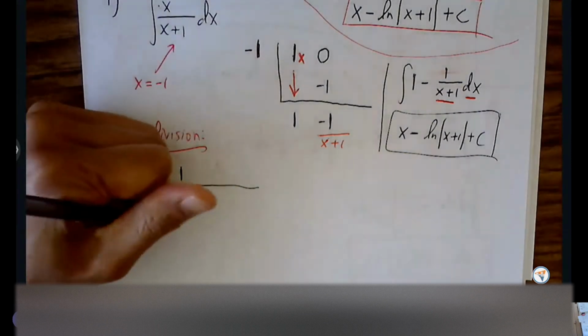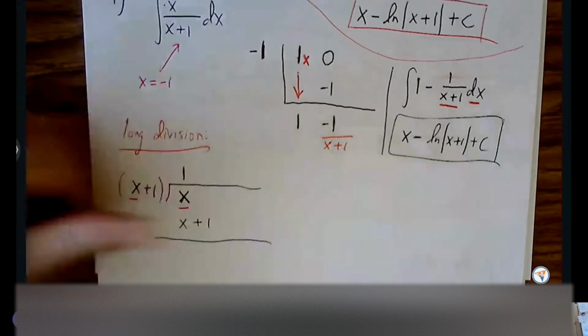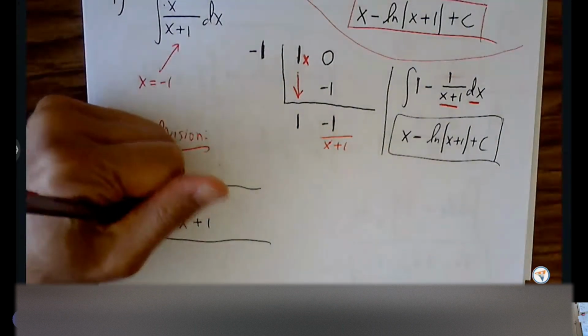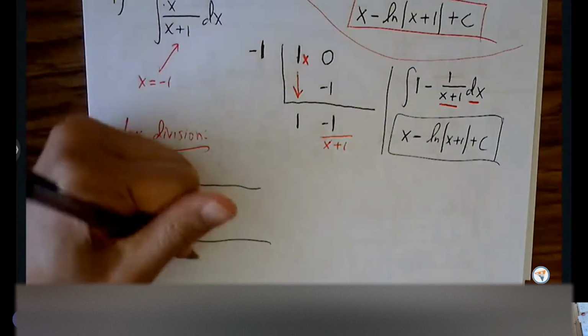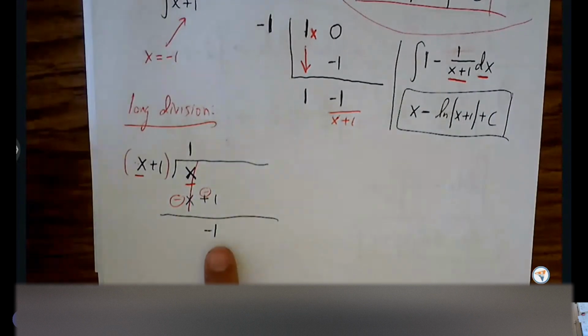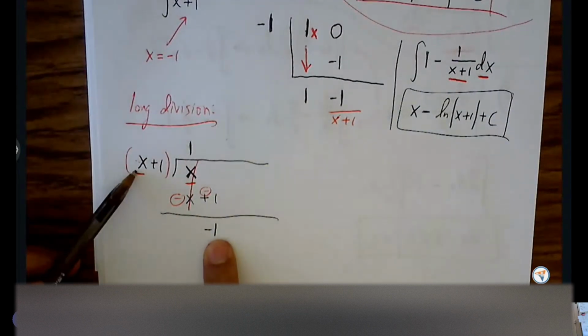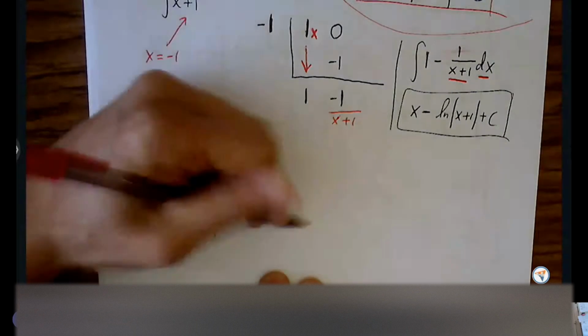So 1 times X is X. 1 times 1 is 1. Draw your line, change your signs. Your first term will always match and pair up to be 0. Bring down the -1. Can we go any further? Yeah, this is too low, right? So we call this the remainder.